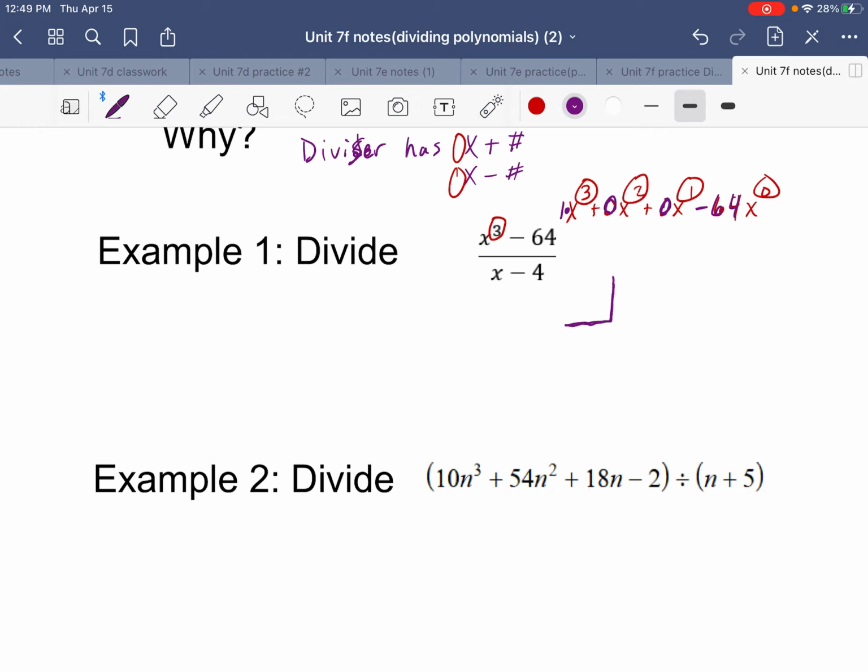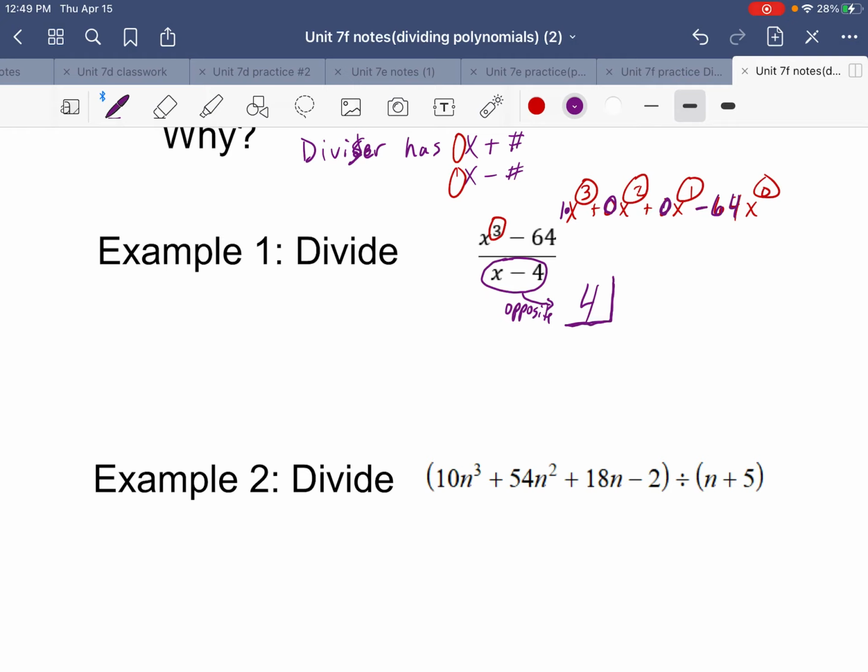And inside of that little L half box, we're going to put what you're dividing by. But instead of putting x minus 4, we're actually going to change this to the opposite. So instead of x minus 4, you'll have a positive 4. So it's the opposite.